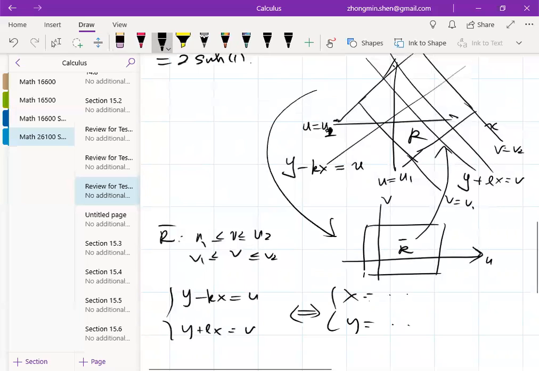You can solve for x and y, then you get a map from R bar to R. So this is the general idea, especially for the parallelogram: how to find the pre-image, which should be a rectangle. You make the domains in standard form, then you can easily evaluate the double integral. Okay, so this is the general idea.